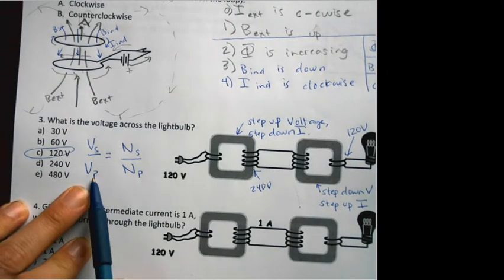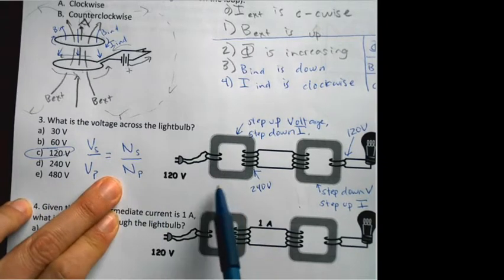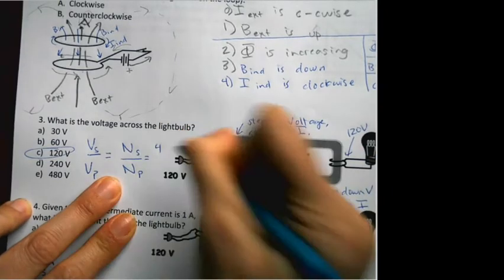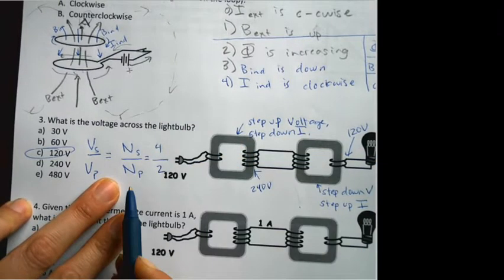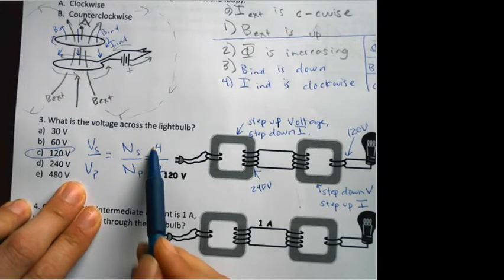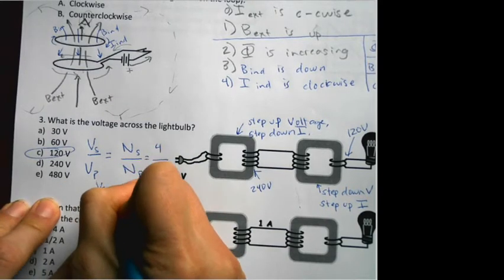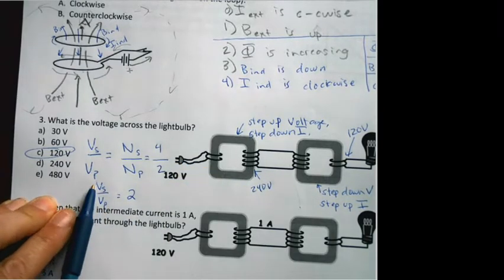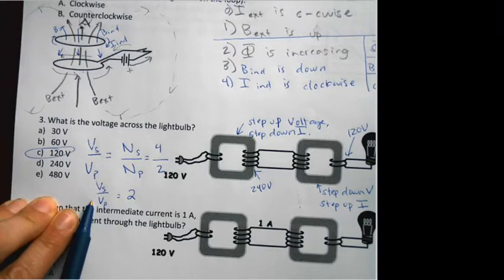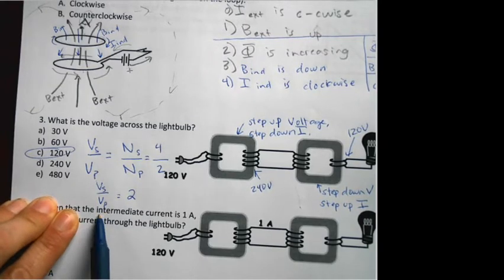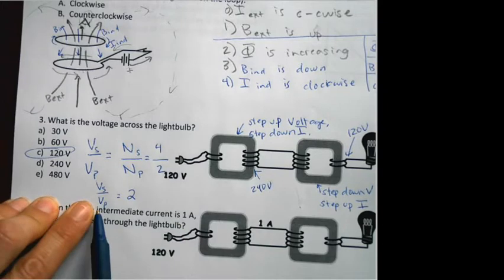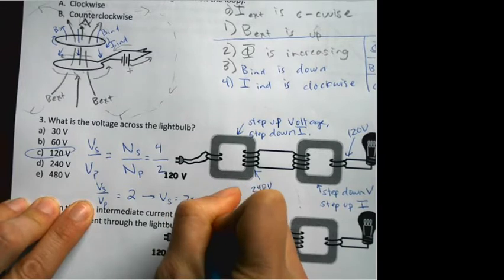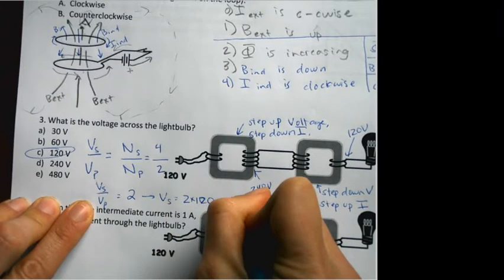Looking over here, the secondary has 4 loops and the primary has 2 loops, so Vs over Vp has to equal 4 over 2, which is 2. So the voltage on the secondary has to be twice as big as the voltage on the primary. If V primary is 120 volts, then Vs is 2 times 120, and that's 240.